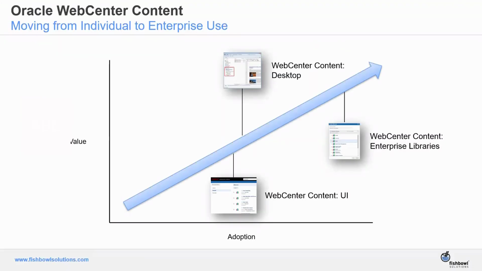That was great. We've seen that customers that have moved to this Content UI, WebCenter Content UI, got off the legacy UI, that increased the value that they saw and also helped them increase adoption. And then over time, it exposed, as Jerry just demoed, new ways to interact and get to content using desktop and the old desktop integration suite, or what's called WebCenter Content Desktop today.